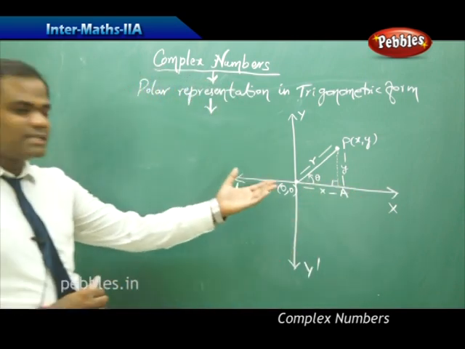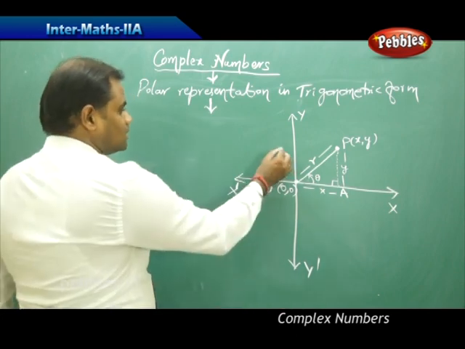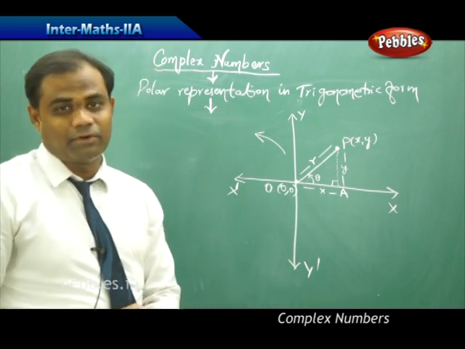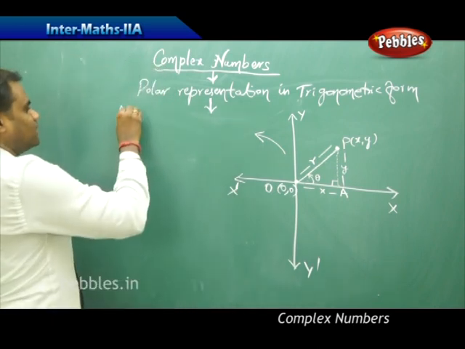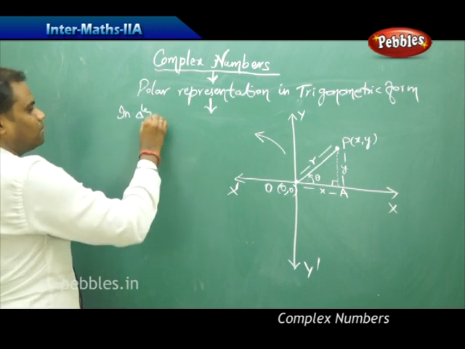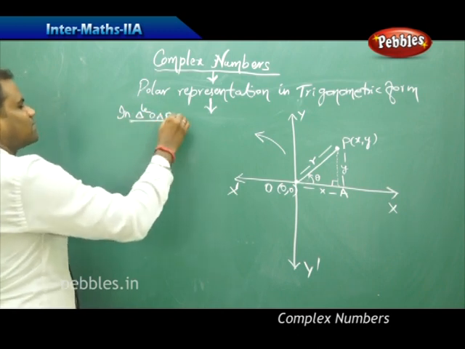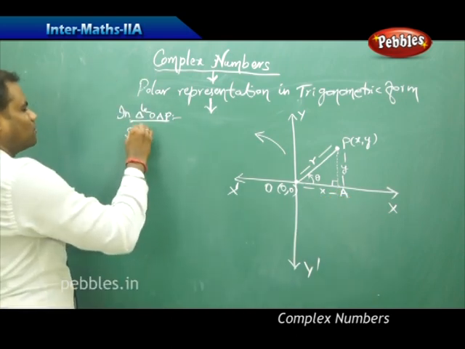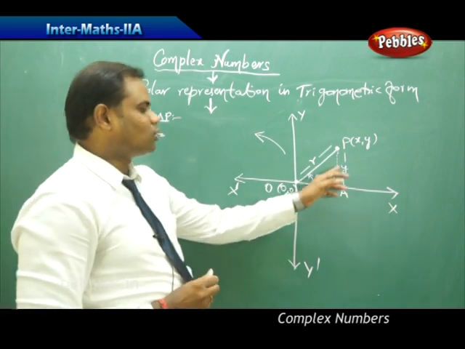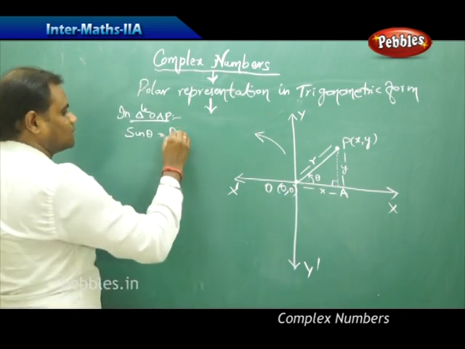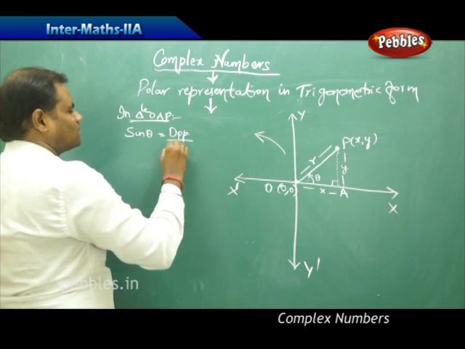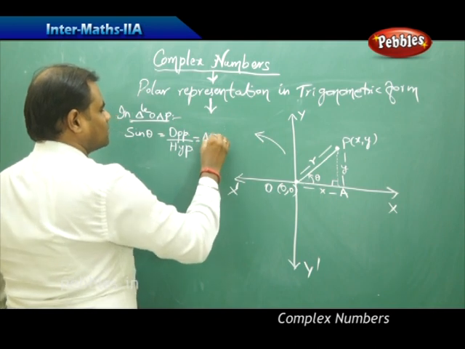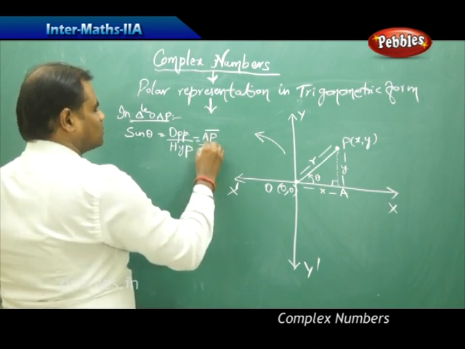Now as we have seen this diagram already, let's see how we can use this in connecting the polar coordinates with the trigonometric form. So clearly, in triangle OAP, it is a right angle triangle. Therefore, I have sin theta as opposite by hypotenuse, where the opposite side is AP and the hypotenuse is OP.